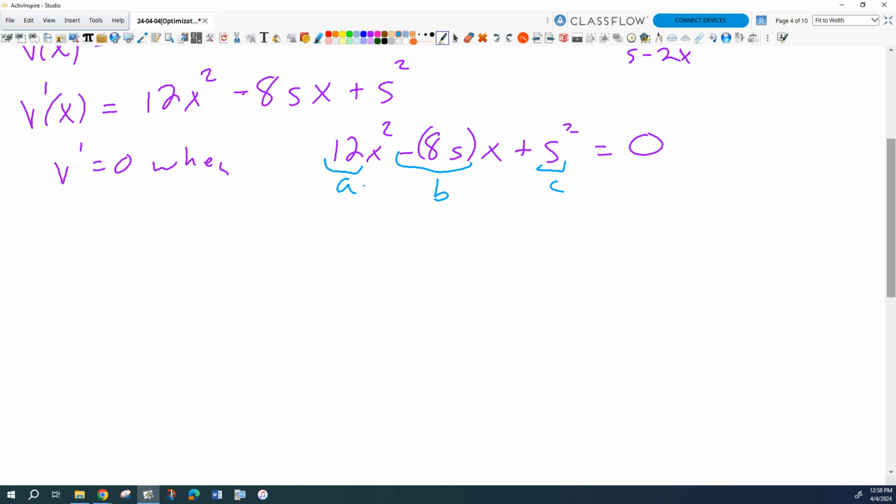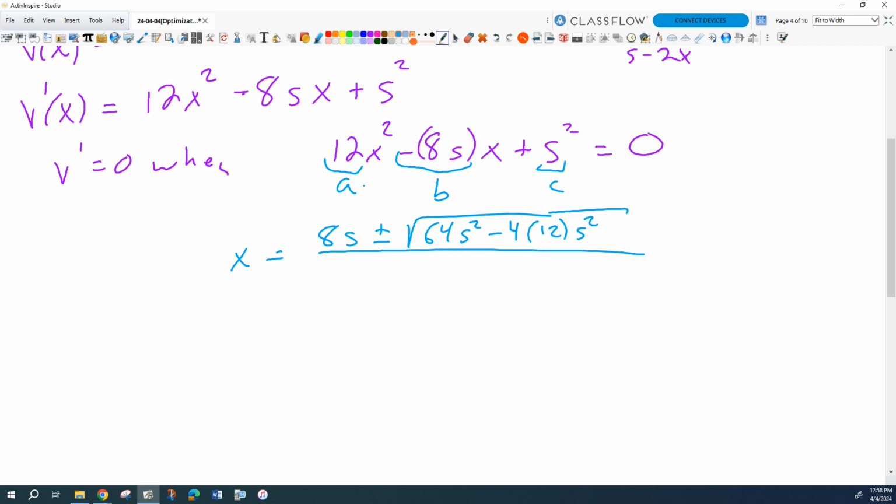So I would just get x equals negative b, so that's positive 8s, plus or minus the square root of b squared, which is 64s squared, minus 4 times a, which is 12, times c, which is s squared, all over 2a, 24.